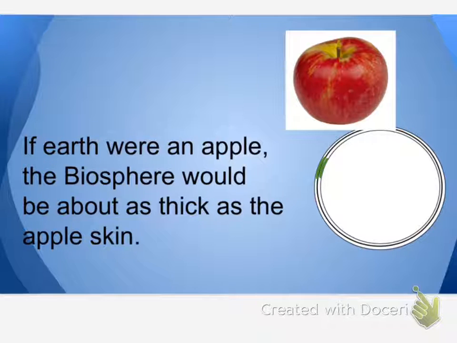If one living thing dies, does the biosphere break? No, living things die all the time. So the biosphere is sort of this thin layer of living stuff that's on the surface of the planet and above the surface of the planet and below the surface of the planet, in the oceans, in the soil, in the air.